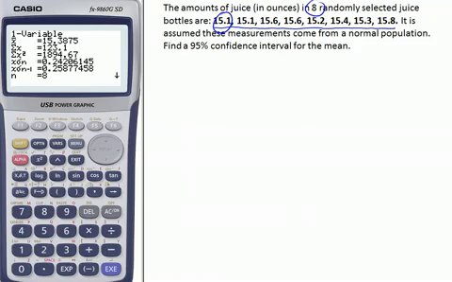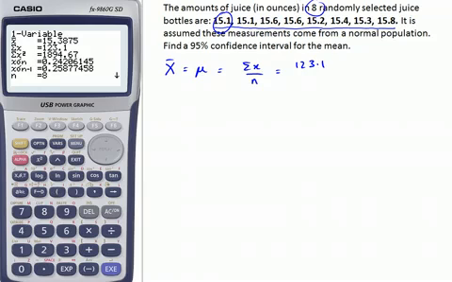Now remember, the examiner will expect to see how you've calculated these things. So first of all, our mean, which of course is a best estimate of our population mean, is equal to the sum of x divided by n. So we can help explain how we arrive at that answer by copying down those values.